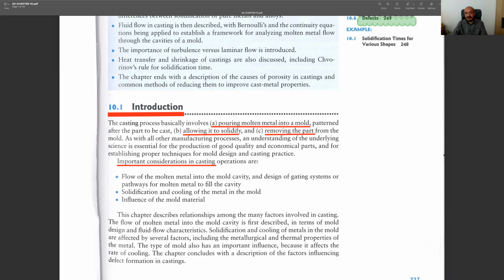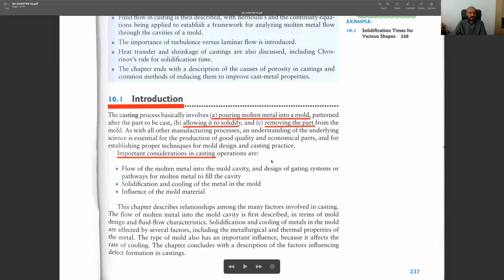In the next chapter we will see that there are different ways to do this operation. There are die casting, investment casting, and many types of casting operations available, and in the next chapter our main focus will be on the types of these, the differences, and the advantages of these operations.